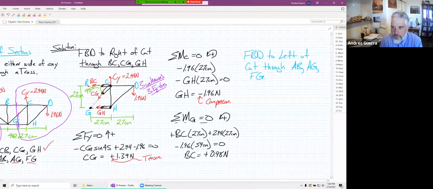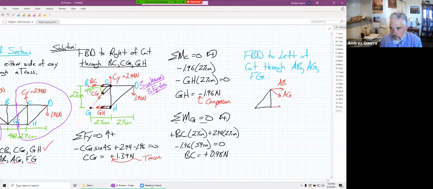So that FBD is going to include these members here, which we did not cut through, but then we did cut through this member here, and that was going to be AB. We also cut through this member here, which was going to be AG. And we cut through this member here, and that would be FG.